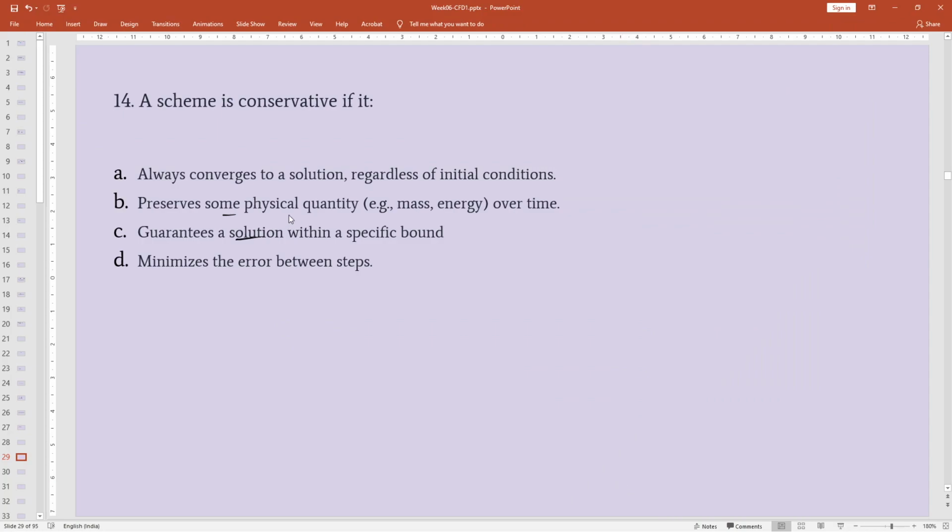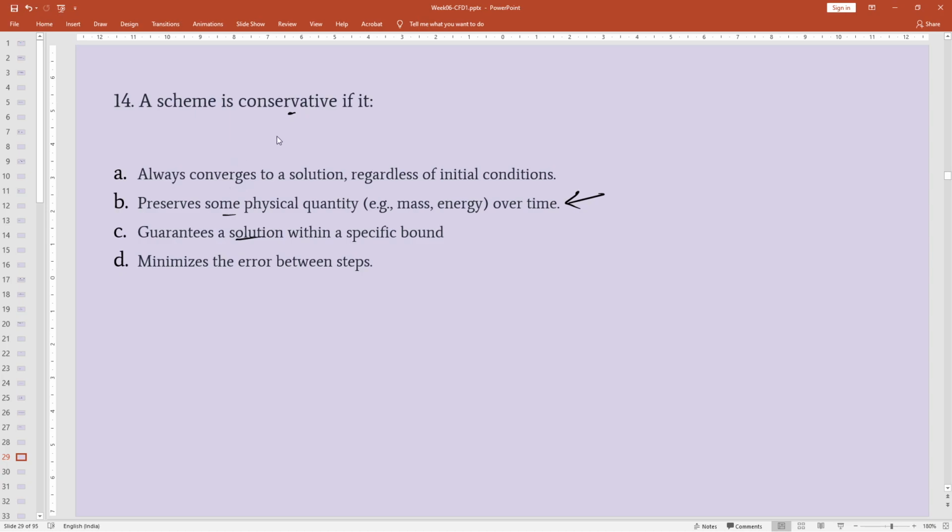Yes, you are right. Option B, that is the conservativeness. Conservativeness means we have to conserve the physical quantity, whatever input flux, mass flux, or whatever is coming through one face of our domain should be there at the leaving face.